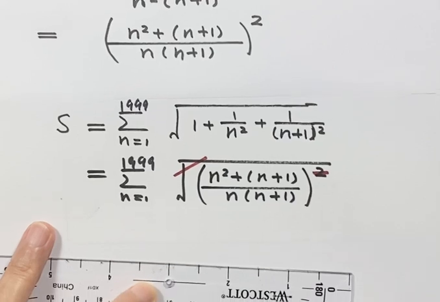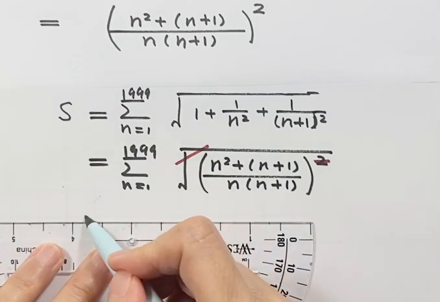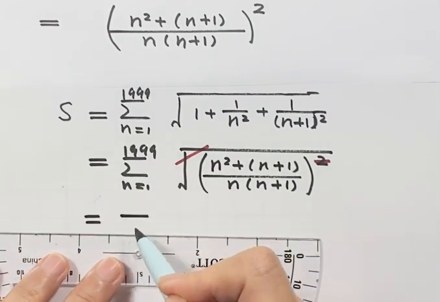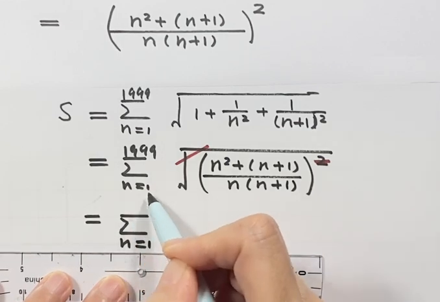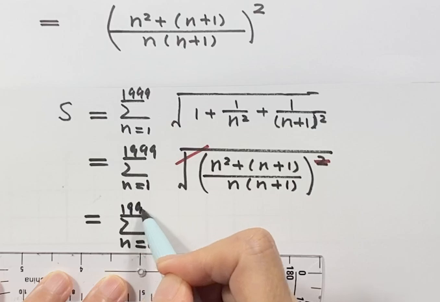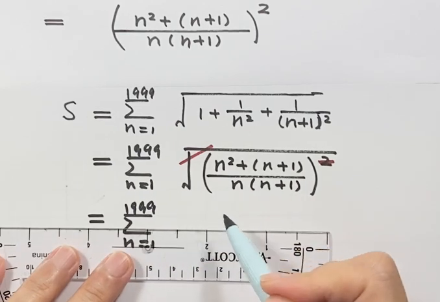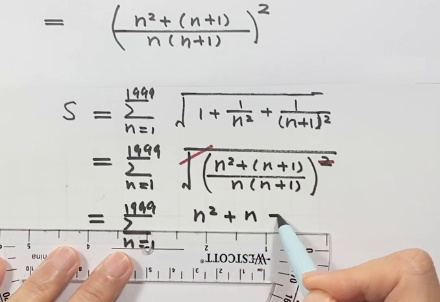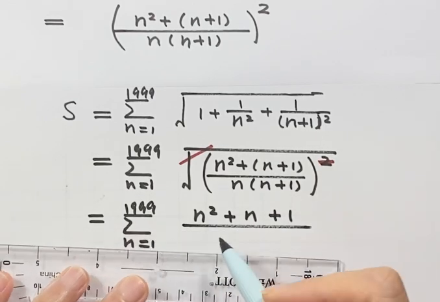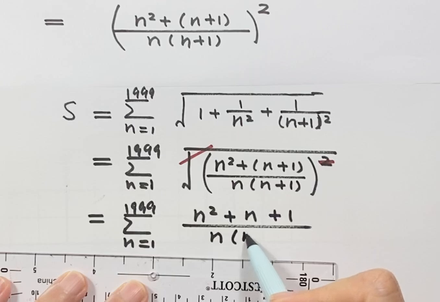So now we have the sum and inside without square root. The numerator, that's n squared plus n plus 1. The bottom, that's n times n plus 1.